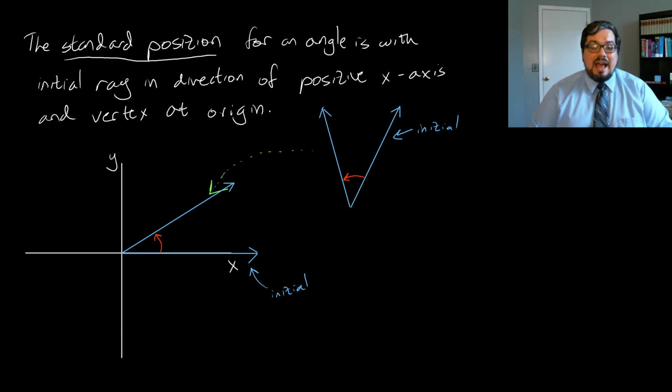Now, once we have that, we can start talking about standardizing things in terms of direction and measuring these angles. So, to measure angles, we're going to have two standard ways of doing them.